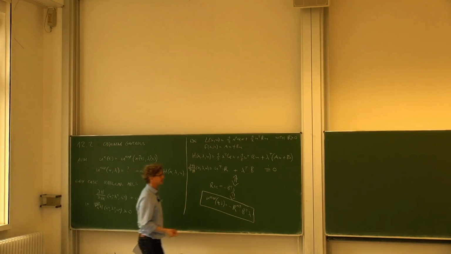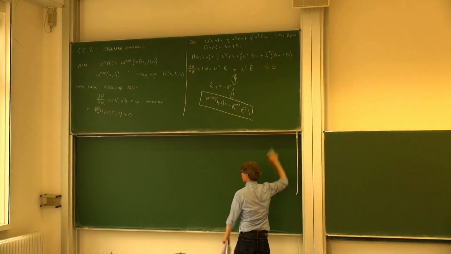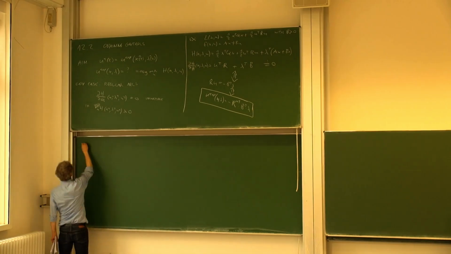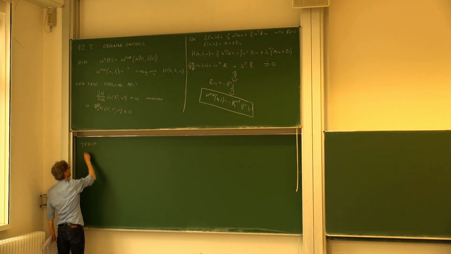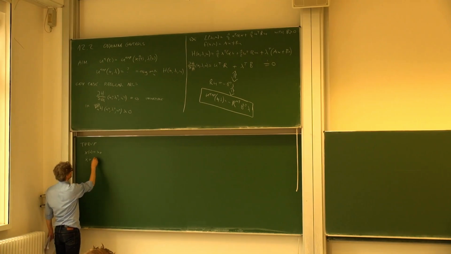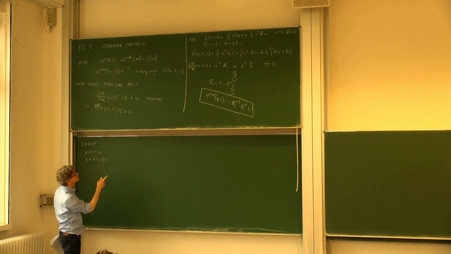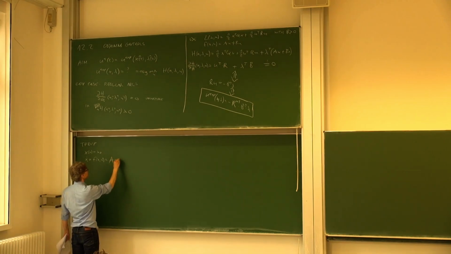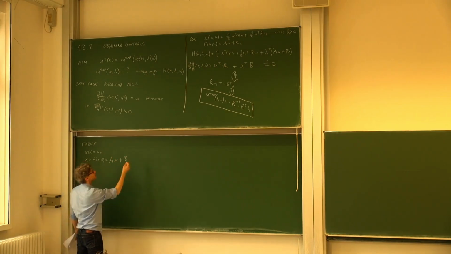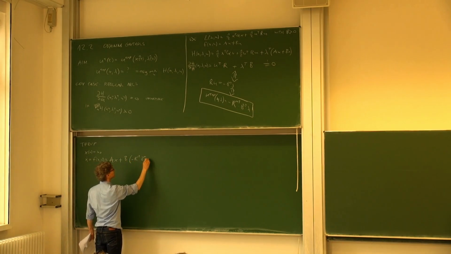So what would be the two-point boundary value problem in this approach? Let me write it down. The TPBVP would be x0 being x0. Then I have my differential equation, x dot equals f of x and u, right? But at the optimum, so in this case it will be A x plus B u star, but u star is given by this expression, minus R to the minus 1 B transpose lambda.